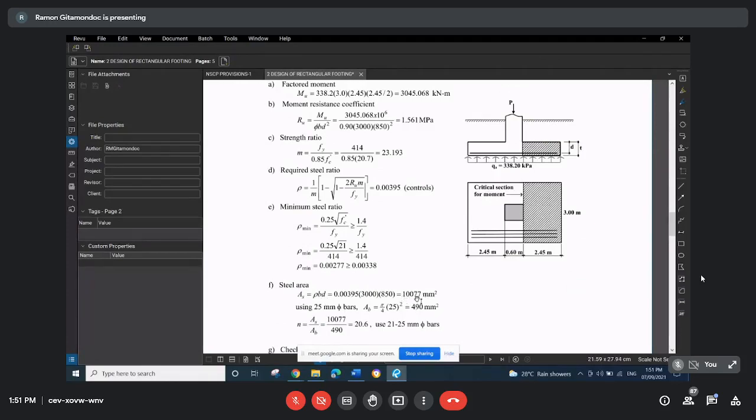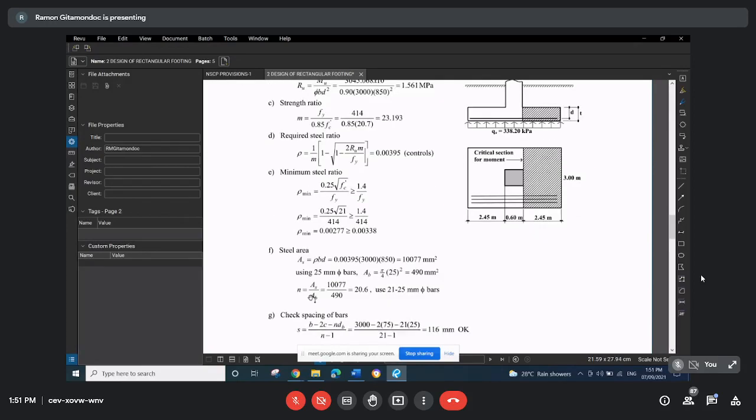Then after that, you select the bar diameter, 20 mm, 25 mm. This is an iterative procedure. So you select a bar diameter, then compute the number of bars based on the assumed bar diameter. So the required number is 20.6. We round off to 21, 25 mm diameter bars.